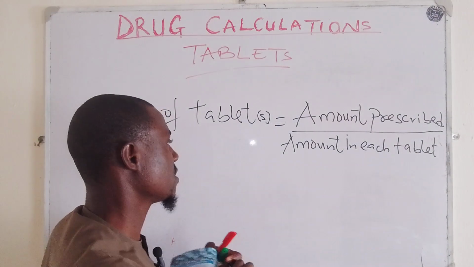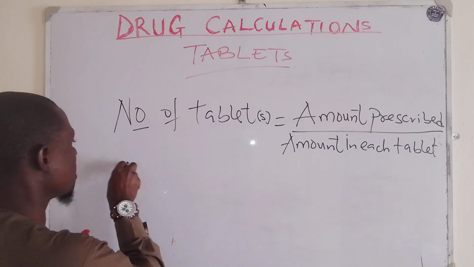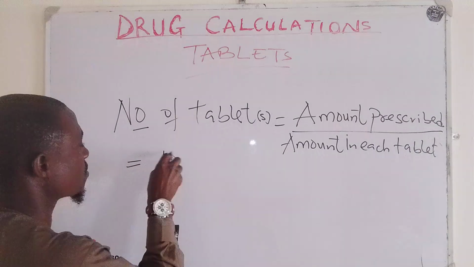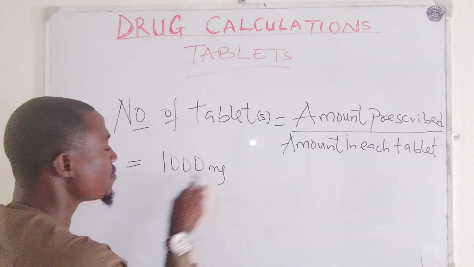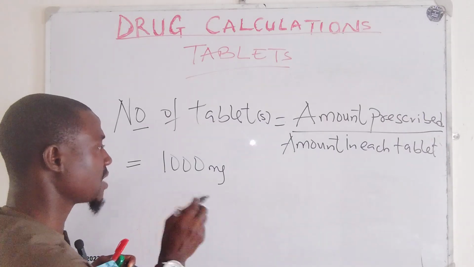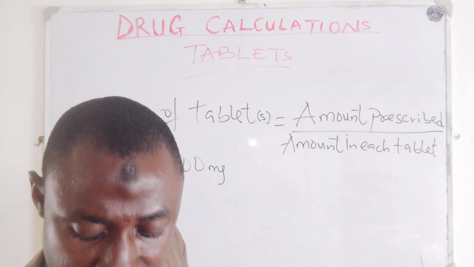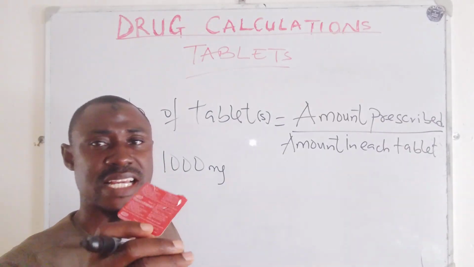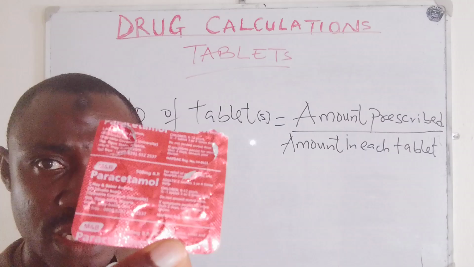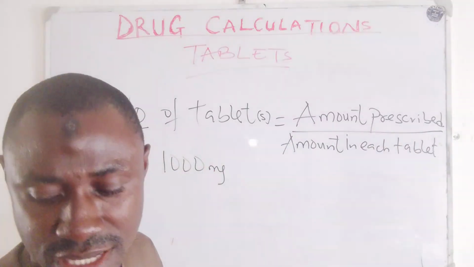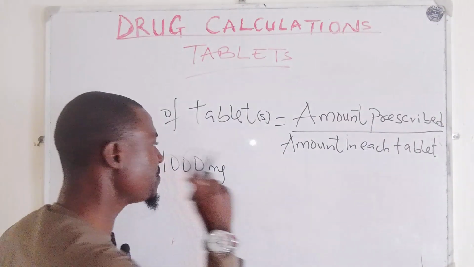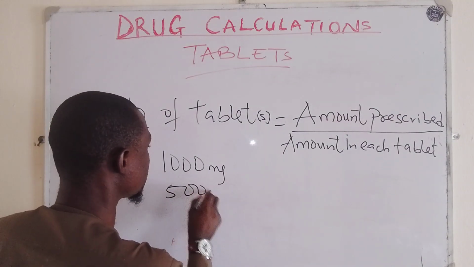If the patient has been prescribed 1000 milligram of paracetamol, and each tablet of paracetamol is 500 milligram, as you can see here.